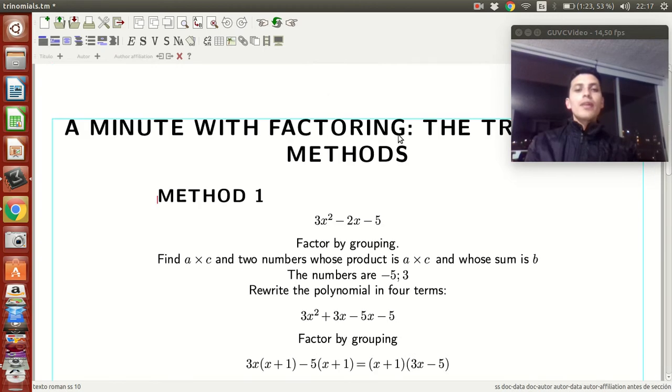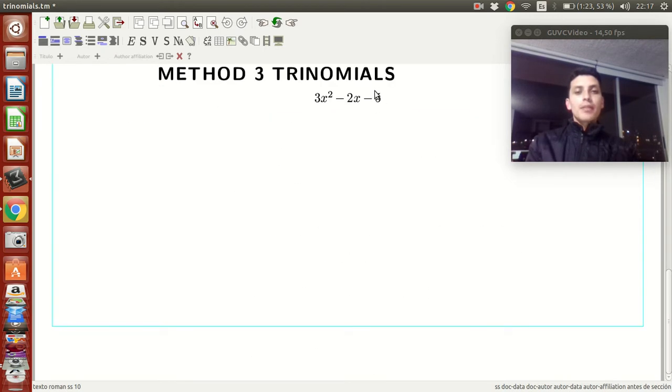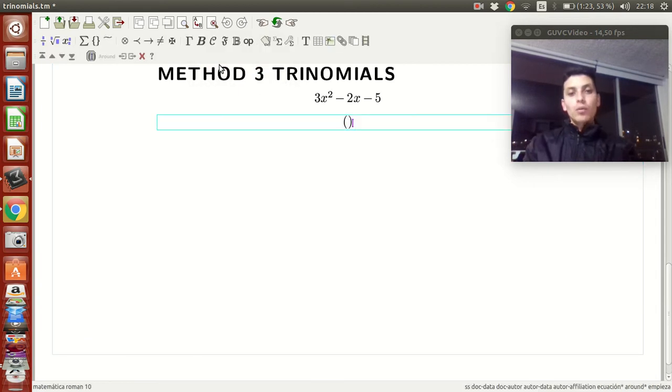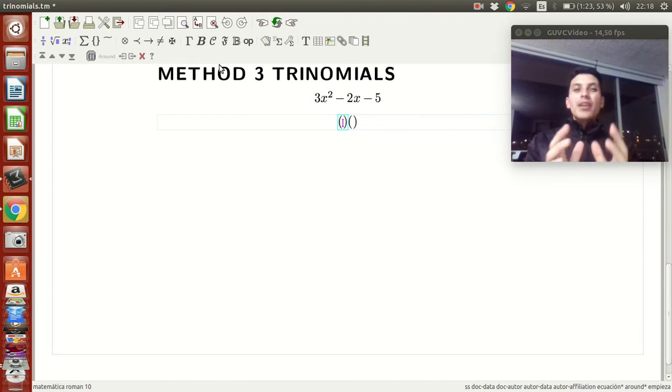We know that this trinomial is of the form of the multiplication of two binomials. Okay, this is what we know. And we know that the multiplication of the first terms by FOIL should get 3x squared.